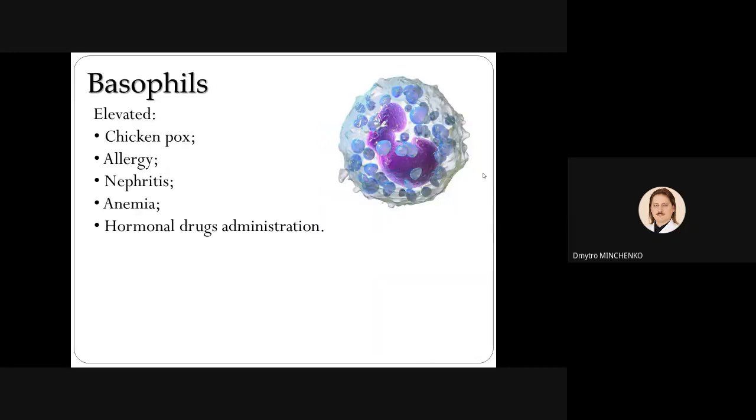Basophils, elevated for chickenpox, allergies, nephritis, anemia, hormonal drug administration. Noting that we do not have a reduced number since the basophil concentration count could be zero. That would be acceptable normal.